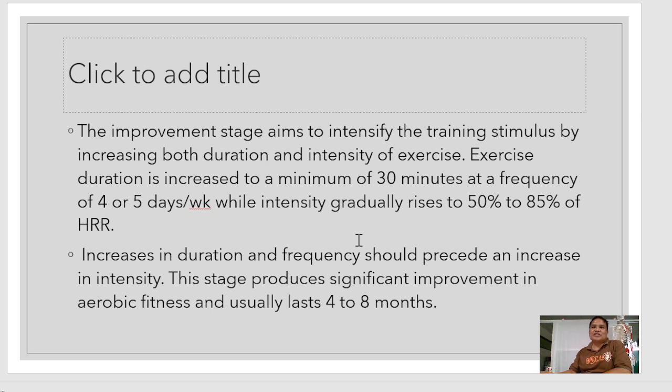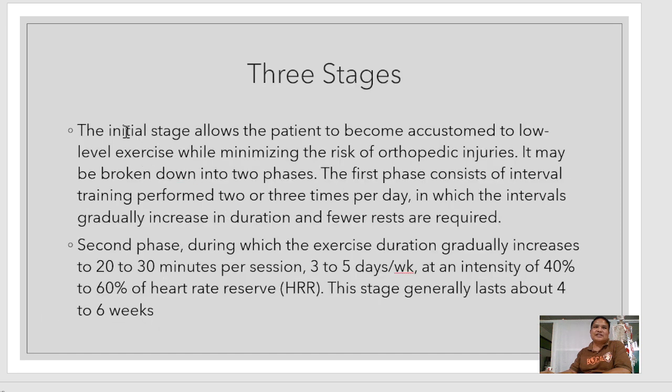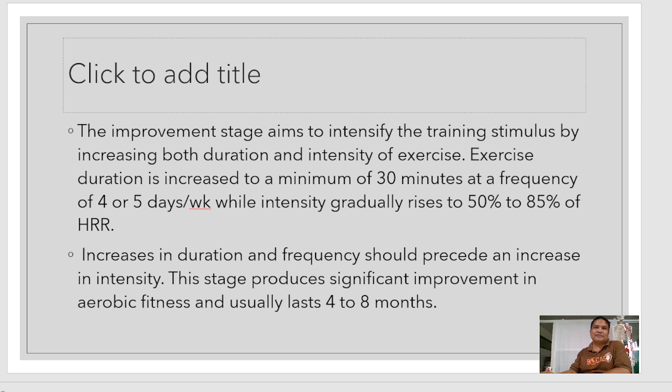The improvement stage aims to intensify the training stimulus by increasing both the duration and the intensity of exercise. Exercise duration is increased to a minimum of 30 minutes at a frequency of 4 or 5 times per week. This stage lasts for 4 to 8 months. So the first stage is initial, then you have your improvement stage.